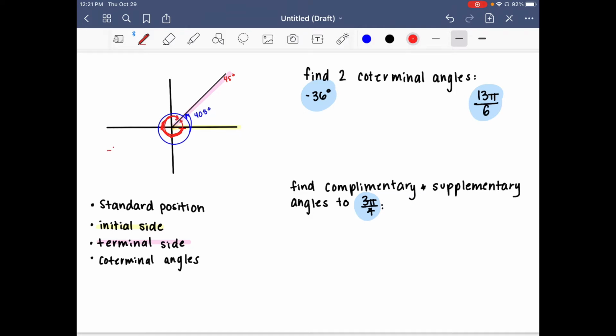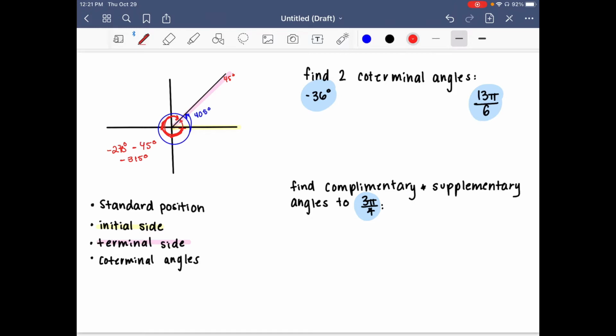So that would be negative 270 degrees plus negative 45 degrees, and I'll get negative 315 degrees, an angle that goes the other way. So those are all coterminal angles. They start in the same place and they end up in the same place.